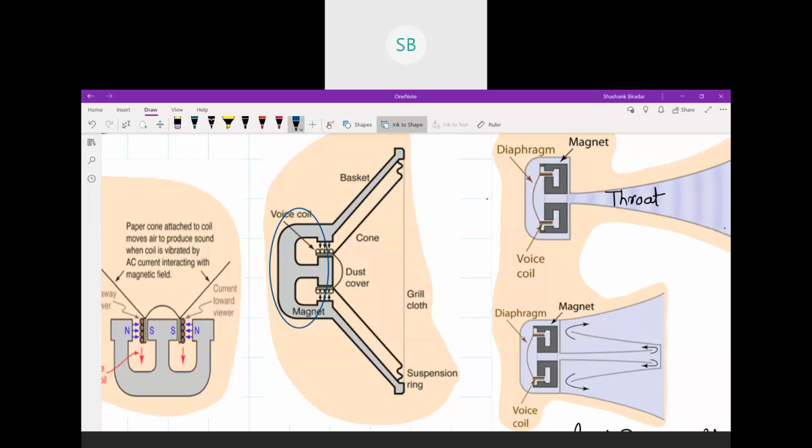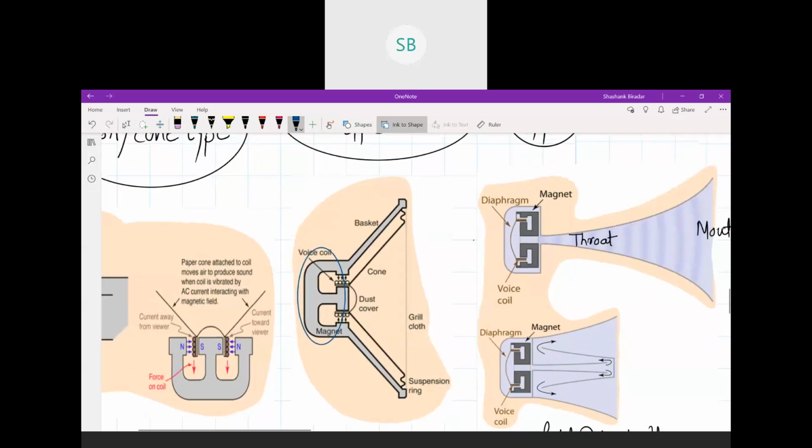So what I was saying, instead of a permanent magnet we are using an electromagnet inside the electrodynamic loudspeaker. The working principle is the same as that of the permanent magnet type, only the thing is that we are using the electromagnet instead of a permanent magnet. The next type is horn type. But before going to the horn type, let us have a basic differentiation here.